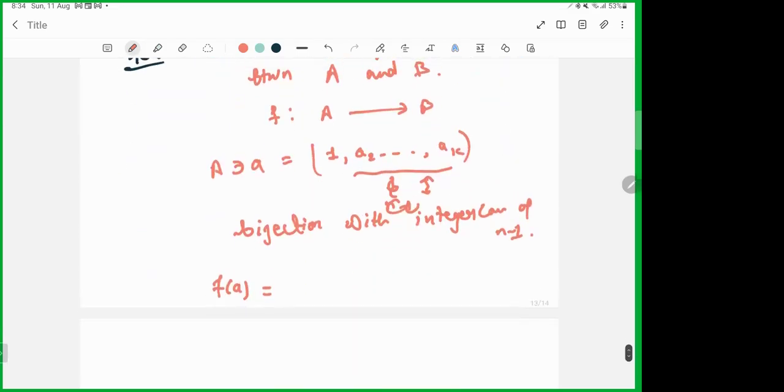So now if we consider the first term, it's at least 2 in the B set. So if we subtract 1 from both sides, 2 becomes 1 and then n becomes n minus 1. So then there would be a bijection. So that's the same as compositions of n minus 1. So both are compositions of n minus 1.